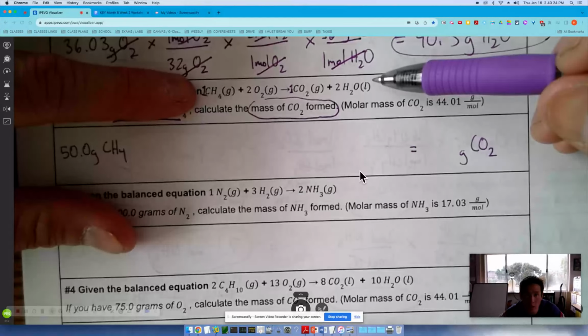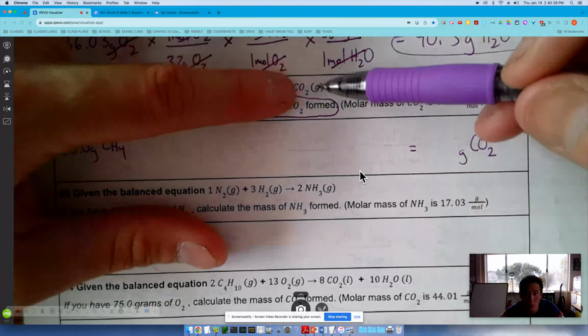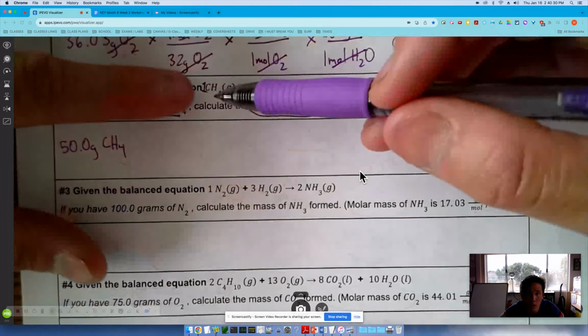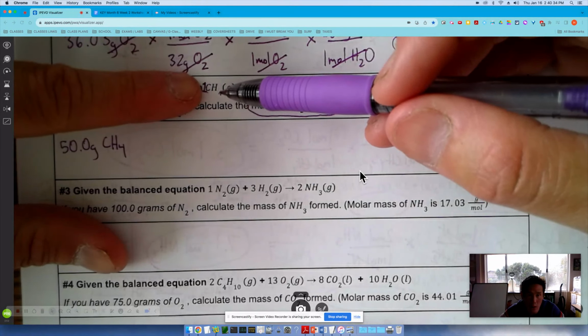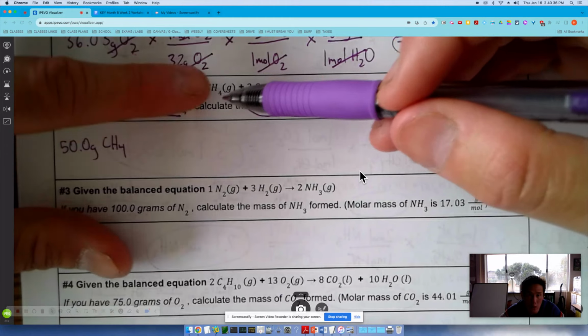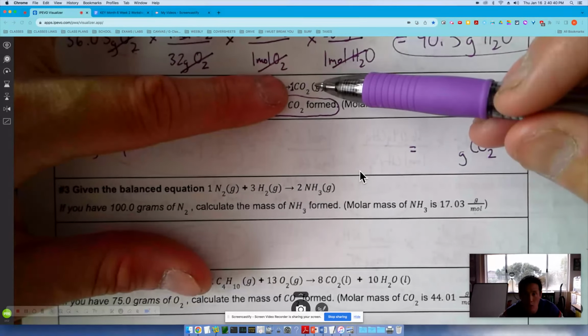Going back here, if I know that the ratio is 1 mole of CH4 creates 1 mole of CO2, imagine if I had 3 moles of CH4 instead of 1. That's 3 times the amount here. How many moles of CO2 would I create?